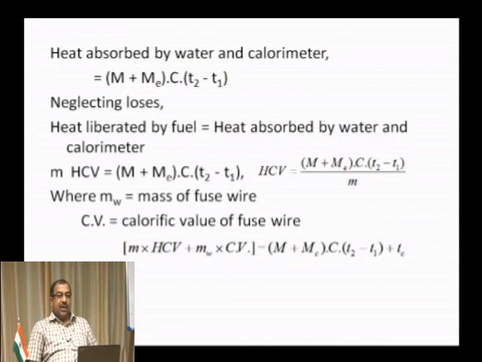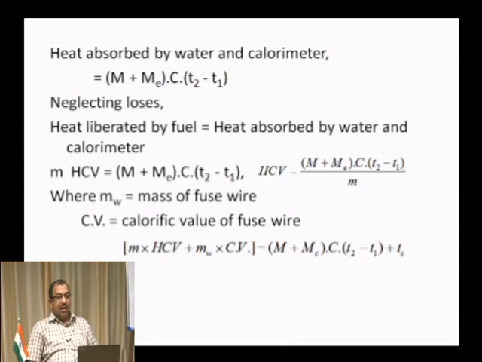The heat absorbed by the calorimeter is expressed in terms of water equivalent into specific heat of water into rise in temperature. T1 is the initial temperature of the water and T2 is the final temperature of the water, and neglect the losses.